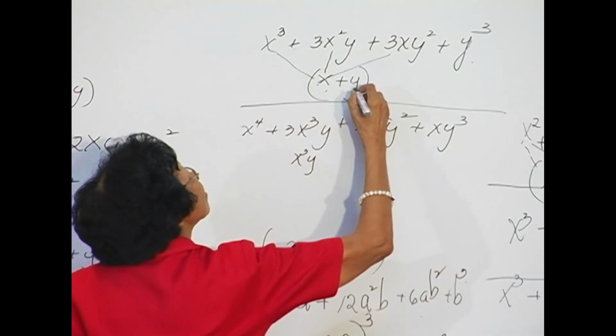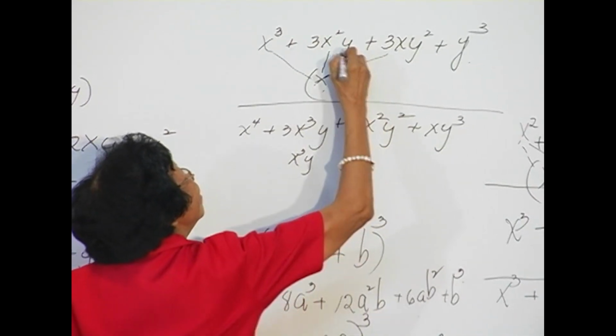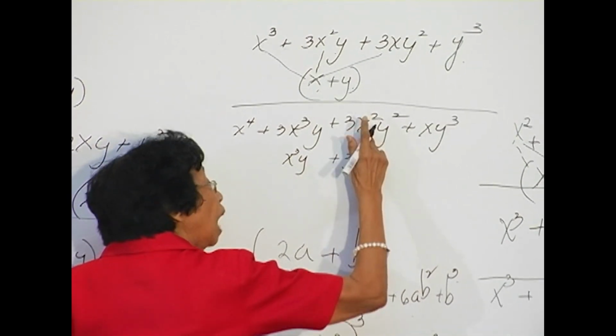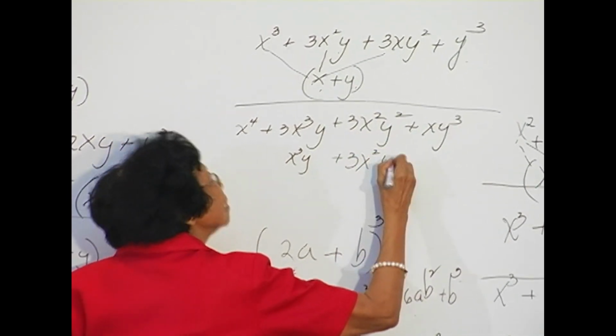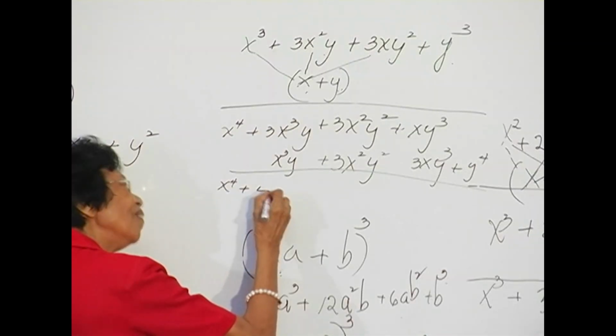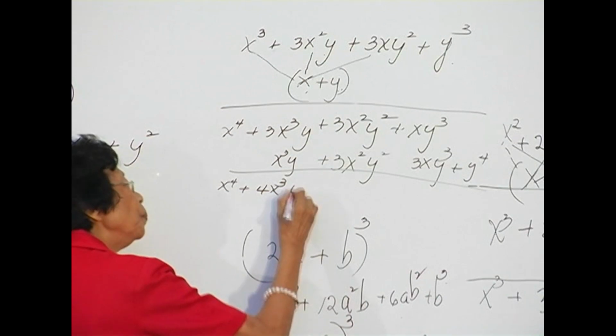And with this, 3x squared y squared. Then I put it down below this? Yes, ma'am. And with this, 3x squared y squared. Plus 4x cubed y. Plus 6x squared y squared.